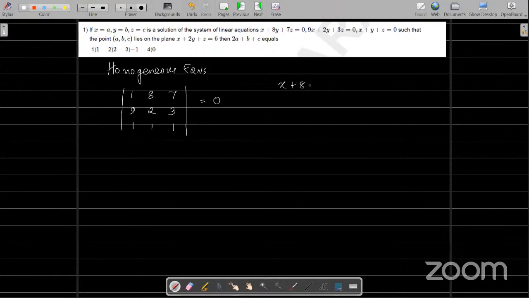Which means x plus 8y plus 7z equal to 0, x plus y plus z equal to 0. So if I subtract these two equations, what is the logic? Logic is to eliminate one of the variables. So when you do that, you get 7y plus 7 minus 1 is 6, z equal to 0.